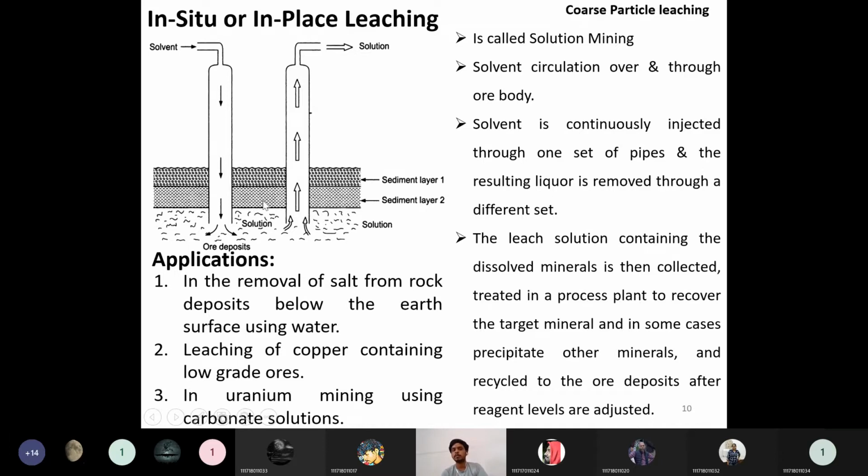Then whatever solution is there comes out through another set of pipelines, and this solution can be subjected to further purification operation. So if you see, leaching operations are secondary phase operations, not primary.